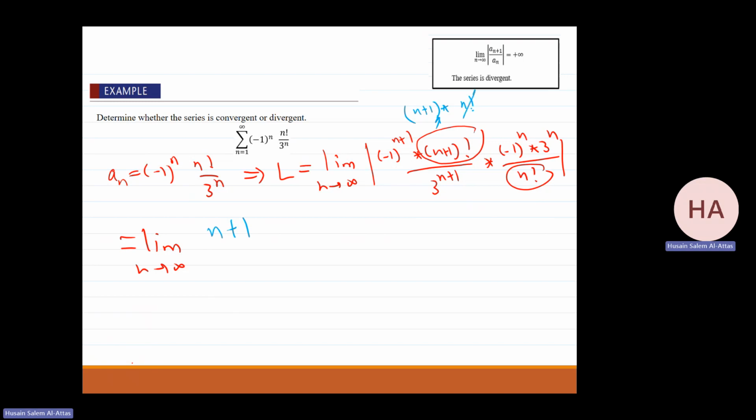So this is cancelled. So I have n plus 1 over 3. What is the limit of this? Infinity. So the series diverges.